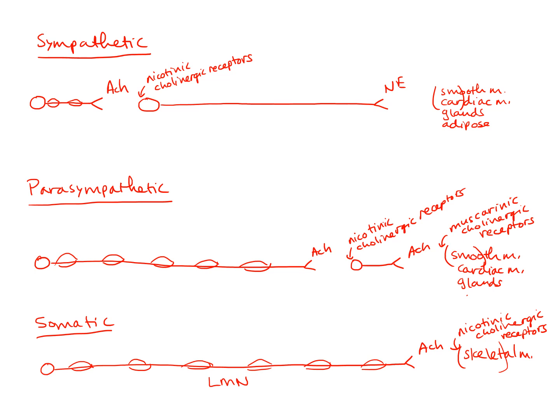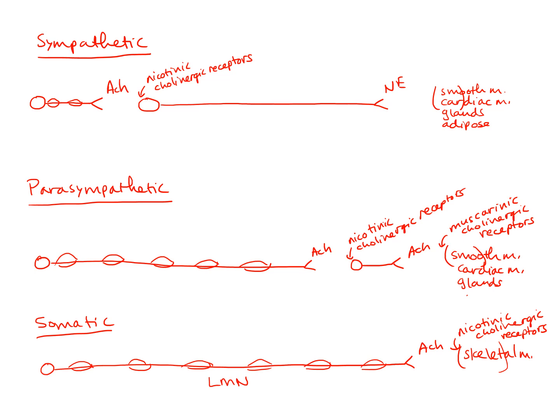All right, so just filling out our picture to complete this here. So we've already filled out where acetylcholine neurotransmitter is going to be released and which of the 2 cholinergic receptors that acetylcholine will bind to. And now we just need to finish up with the sympathetic nervous system up here on the top. And remember, the sympathetic postganglionic neuron is going to be releasing norepinephrine as its neurotransmitter to talk to the effector organ.